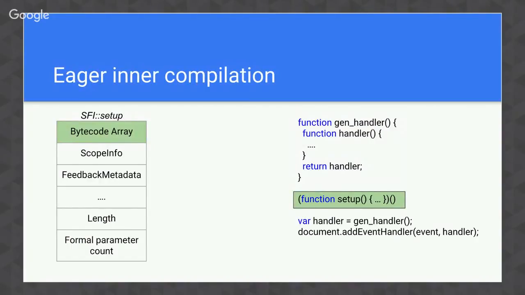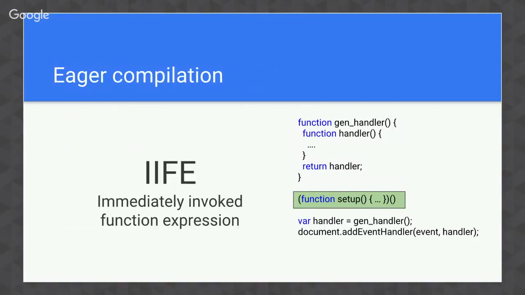Other functions, we might know that we will need immediately. They're still inner functions, but they're what we call immediately invoked function expressions, IIFEs, which means that they're function expressions that are immediately invoked. And this is really just a heuristic for us, but we look at this opening parenthesis and say, well, we reckon that this is a function expression that we're going to call straight away.